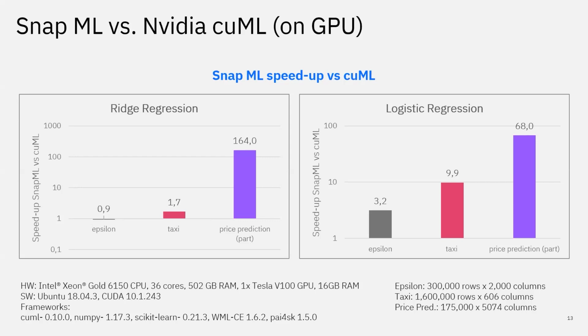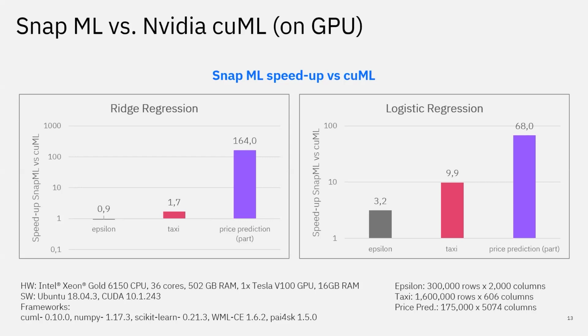On the left-hand side, we compare for ridge regression, which is like an L2 regularized linear regression, and on the right for logistic regression, for classification problems. And the y-axis here shows the speedup we achieved over cuML.